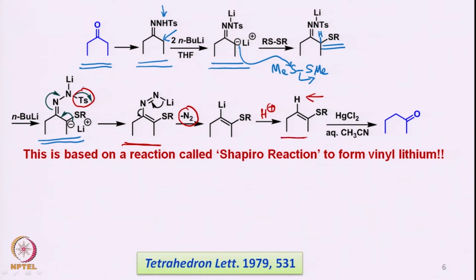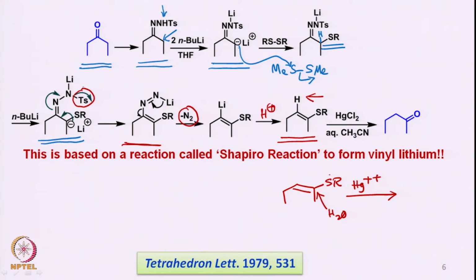Now this vinyl sulfide can be easily hydrolyzed with the help of mercury chloride, Hg++, in aqueous acetonitrile. Essentially, the SR group, the sulfur being soft, interacts with the Hg++, followed by the attack of water at this center.